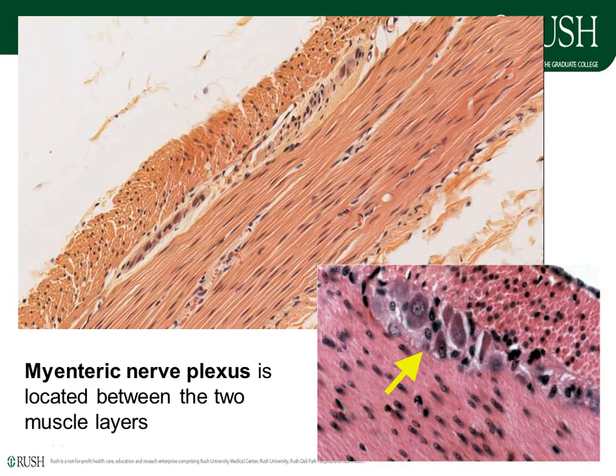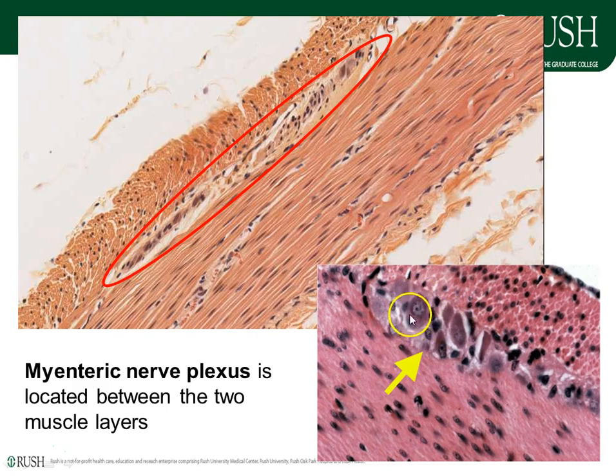Now, within this muscularis externa, in fact, between the two layers of muscle, you find this second portion of the enteric nervous system called the myenteric nerve plexus. You can see this large portion of it here, kind of circled in the upper image, and then a higher magnification here, where you can actually see these very purplish looking cells with large nuclei.